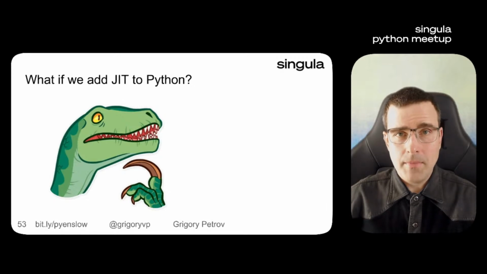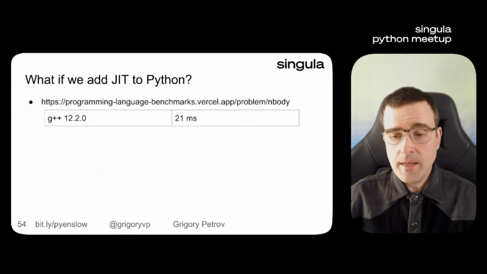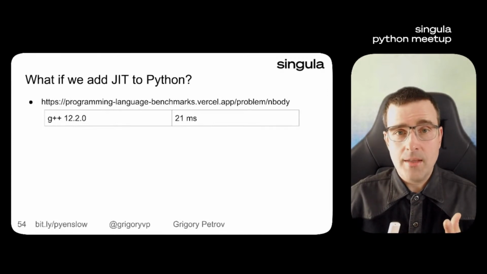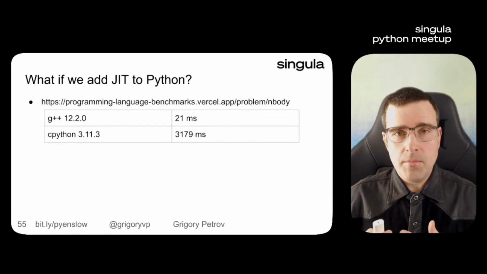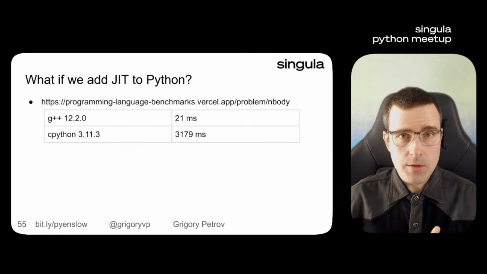But Python is 100 times slower. What if we add just-in-time compilation to Python? There are such projects available. And just for reference, if we take some synthetic test which C++ handles within 20 seconds, the normal implementation of Python took more than 3 seconds for such a task, which is more than 100 times slower.